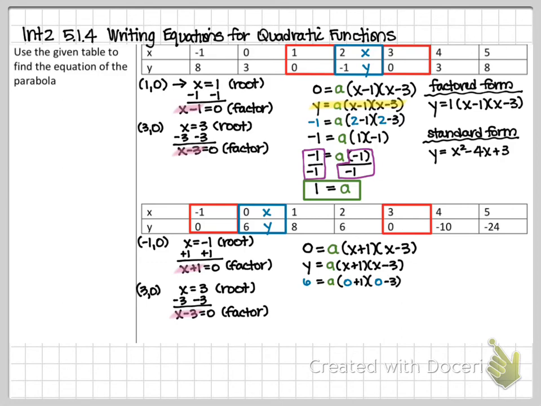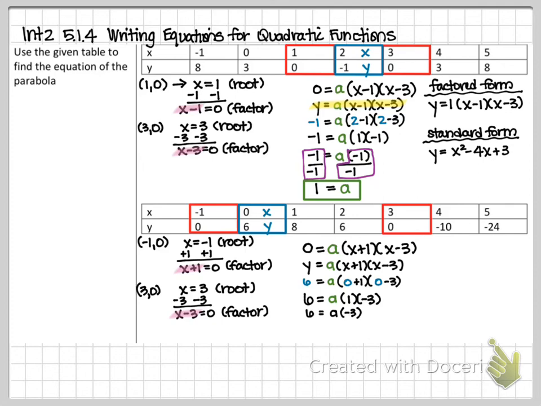Okay, obey order of operations. So we've got 6 equals, carry the a with us. 1 plus 0 is 1, 0 minus 3 is -3. Okay, multiply. 1 times -3 is -3.